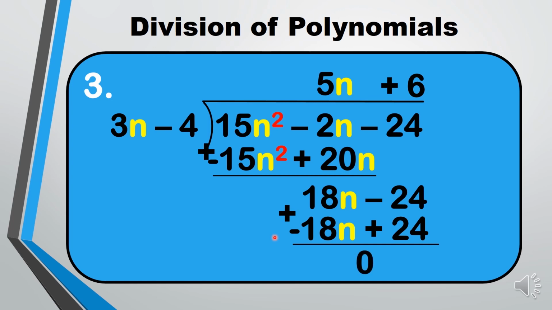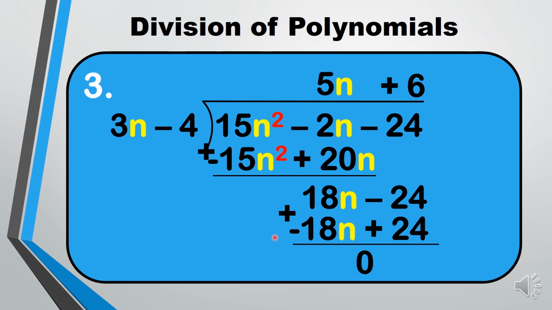Bakit kaya naging 0 ang sagot? Tama. 0 ang magiging sagot kung ia-add natin ang opposite polynomials or opposite integers.